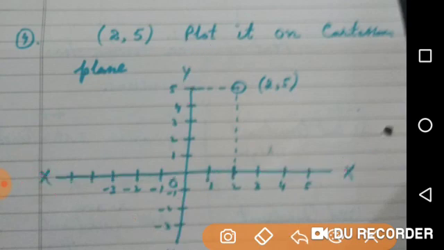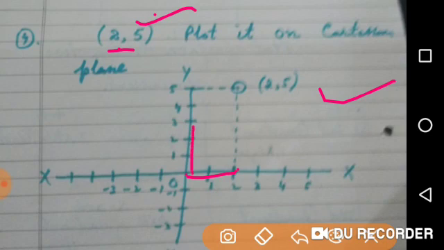So since we have 2 positive and 5 also as positive, it will lie in the first quadrant. Look here, value of x is 2 here, so from 0 you move 2 steps towards the right side, that is x side, where the positive values of x lie. So 1, 2, you are here at present, but from here you have to move 5 steps in the direction of y, because value of y is given 5 and it is also positive, so it will be in upward direction like this.